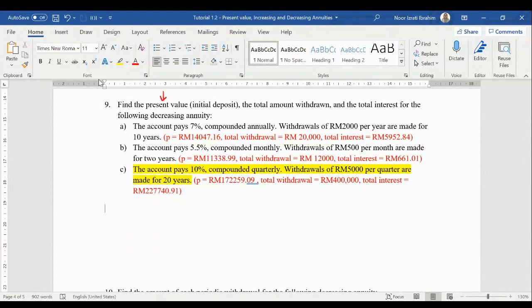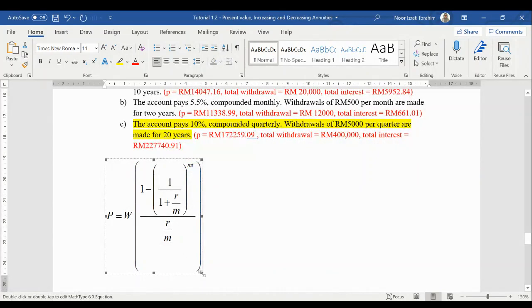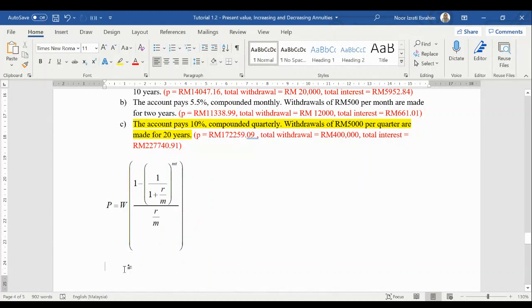First question, present value. To find present value, you need to use the formula. Present value P equals W multiplied with the whole bracket there.